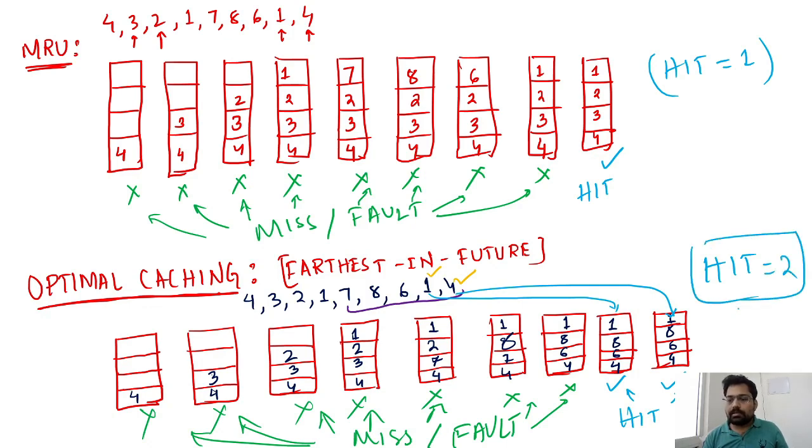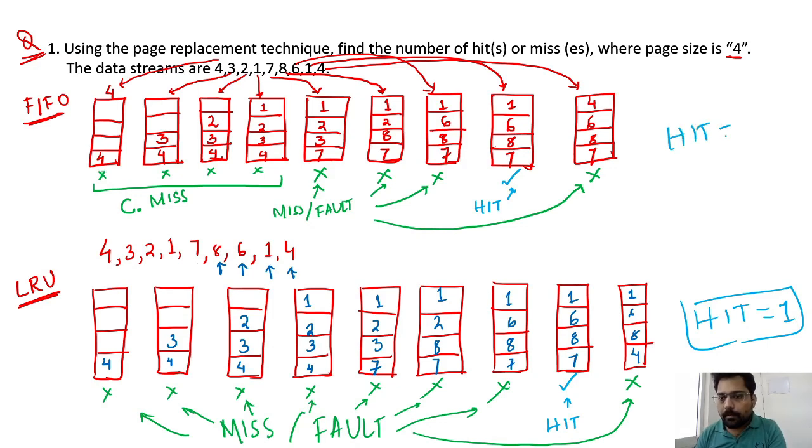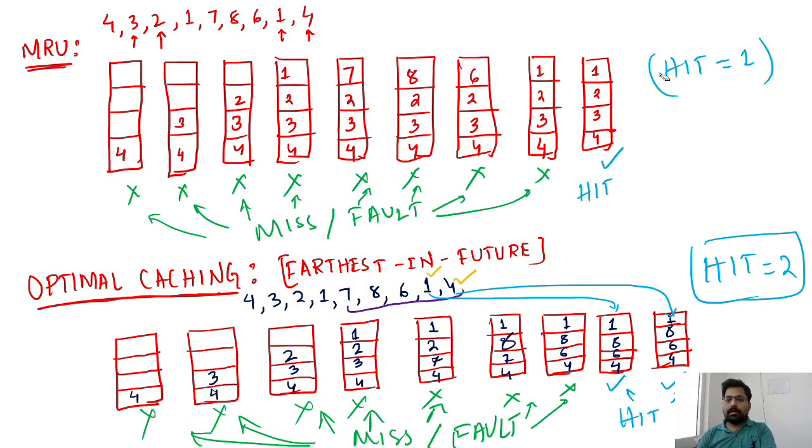So the hit is 2 now. This is what we are doing. Hit is 2 in optimal caching.